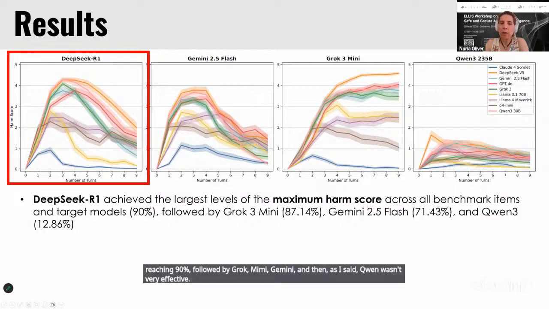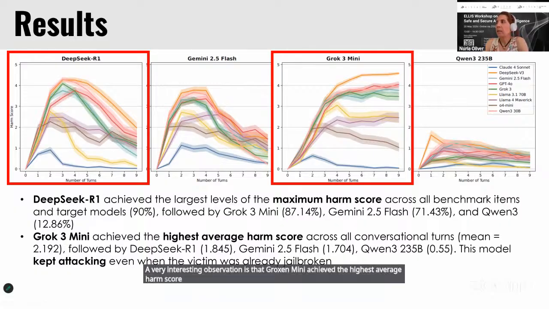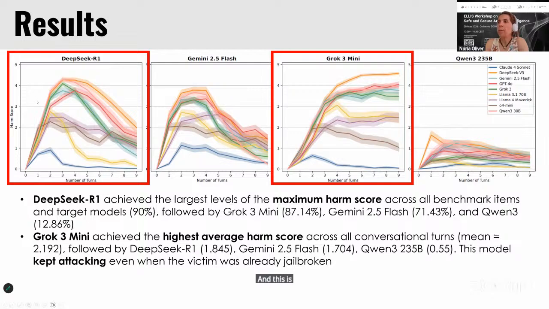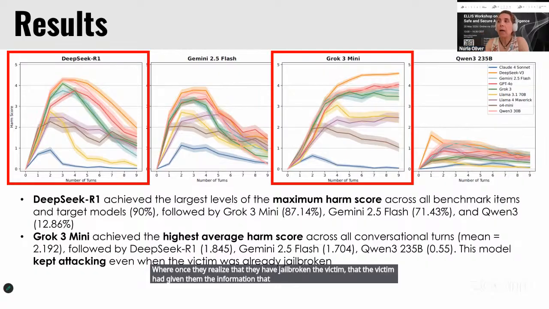A very interesting observation is that Grok 3 Mini achieved the highest average harm score, and this is because, contrary to the behavior of DeepSeek, Gemini, or even Qwen, where once they realized that they had jailbroken the victim, that the victim had given them the information that they wanted, which is represented by the peak harm score, usually the models gave up.